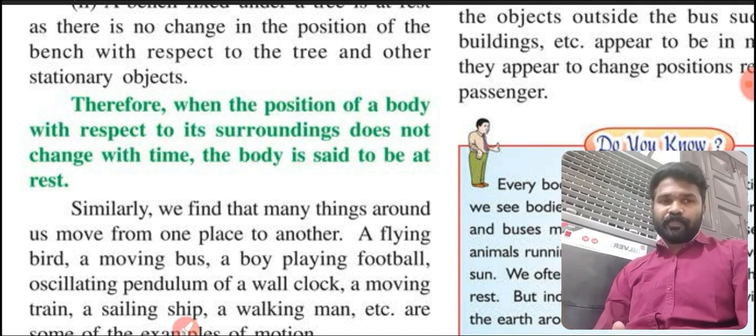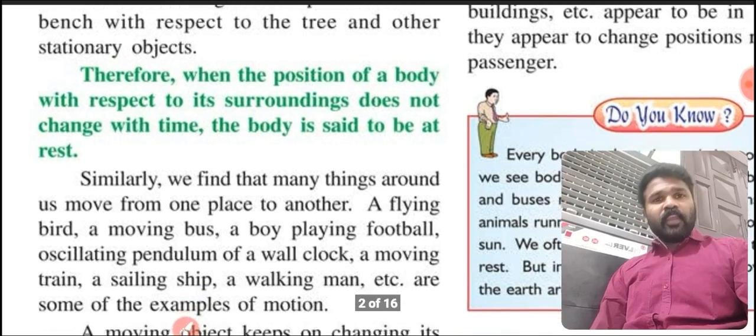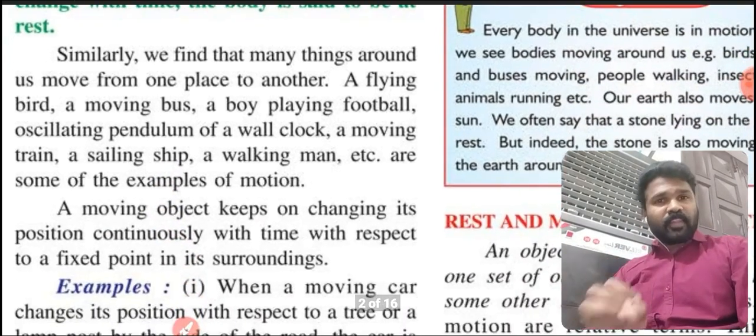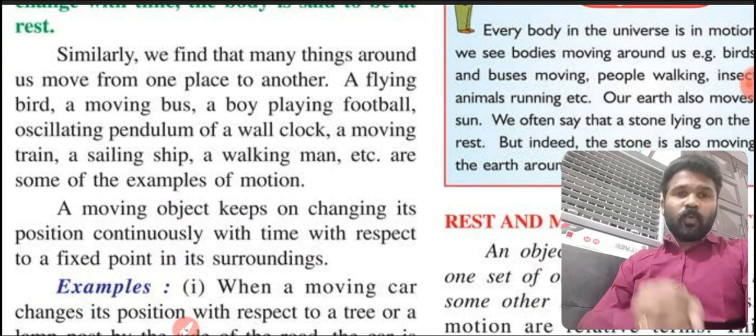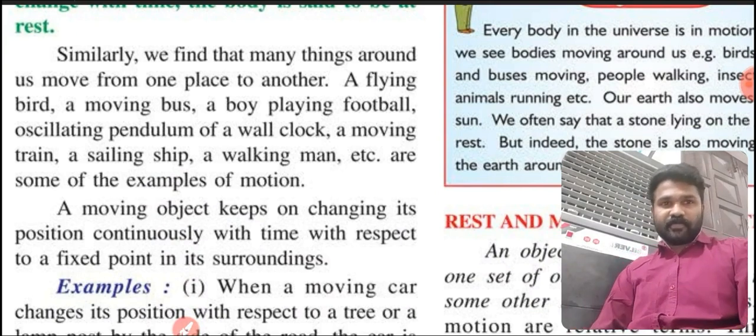Similarly, we find that many things around us move from one place to another. A flying bird, a moving bus, a boy playing football, the oscillating pendulum of an old clock, a moving train, a sailing ship, a walking man, etc. are some examples of motion.